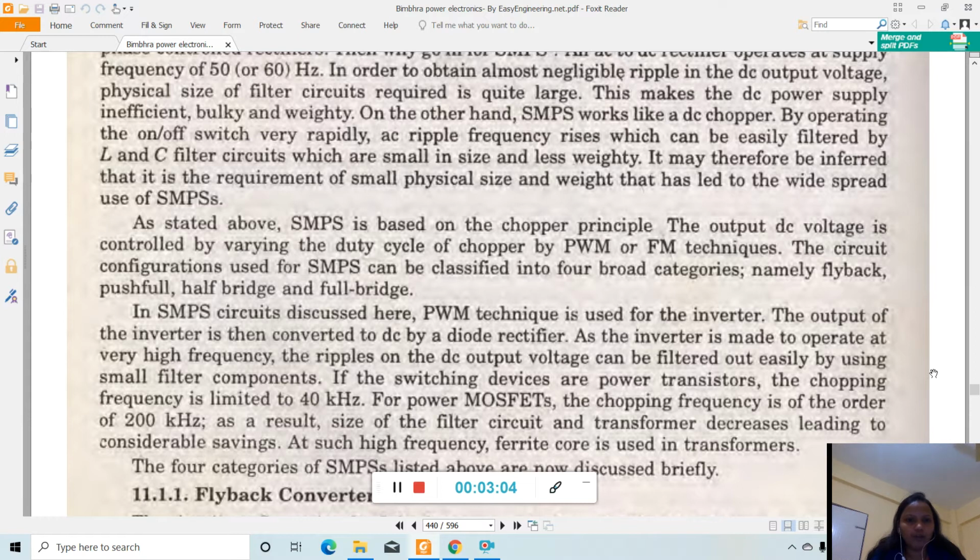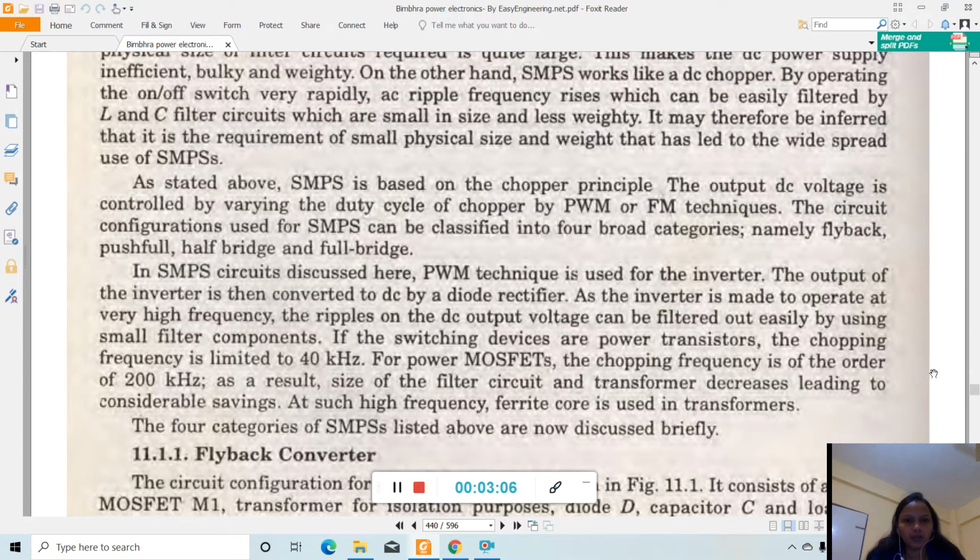The output of the inverter is then converted to DC by the diode rectifier. As the inverter is made to operate at very high frequency, the ripples on the DC output voltage can be filtered out easily by using small filter components.